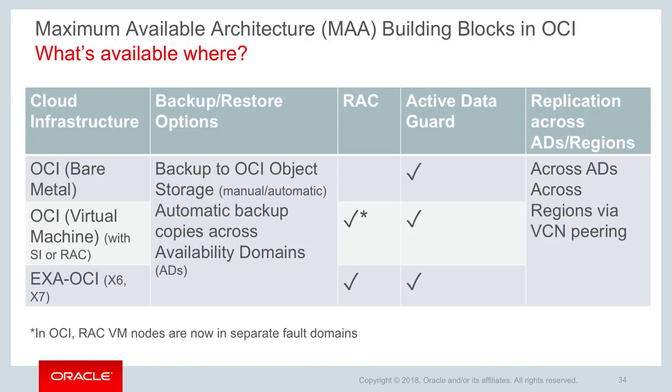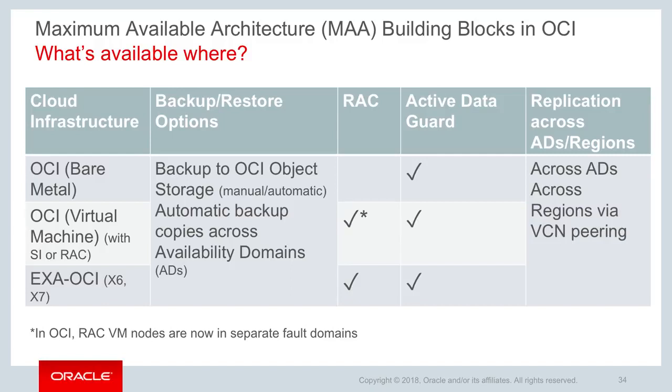In the case of the OCI bare metal instances, you have the ability to deploy active data guard or data guard and replicate your data within a region across availability domains, or you can manually configure VCN peering across regions and set up active data guard or data guard to replicate your backups across regions.